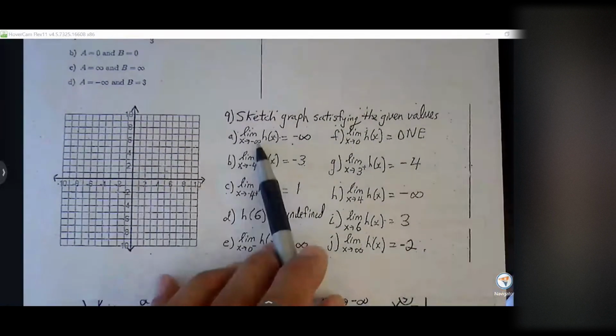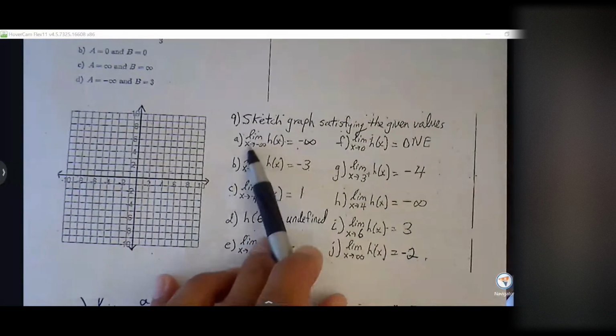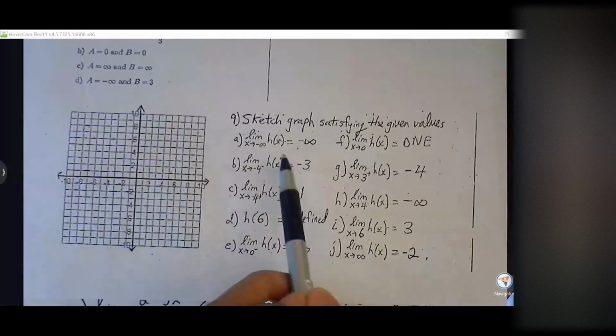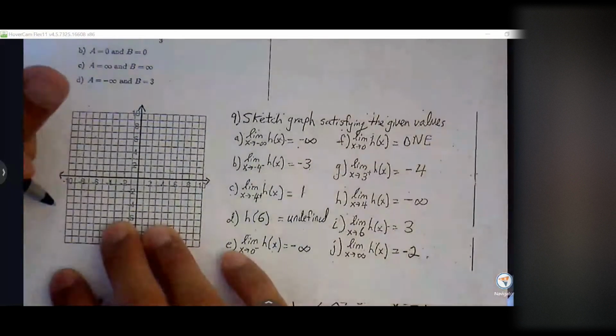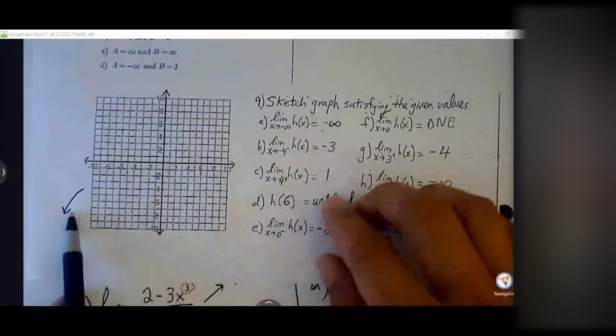Okay, so limit as x approaches negative infinity equals negative infinity. What that means is I'm going to follow the arrow as it exits to the left of the graph, and as it exits to the left of the graph, it's going to head down. So I know my graph is going to look something like this as it exits the graph.